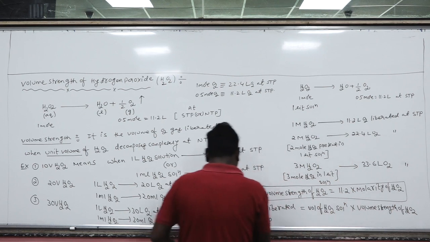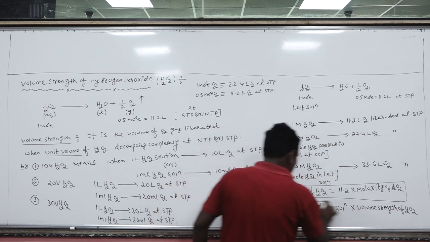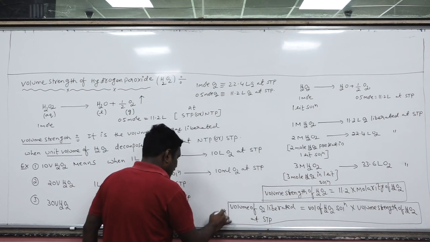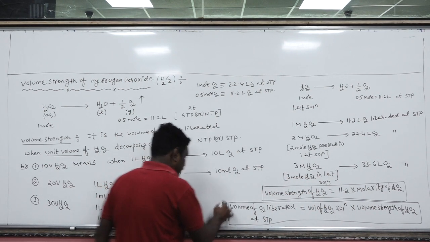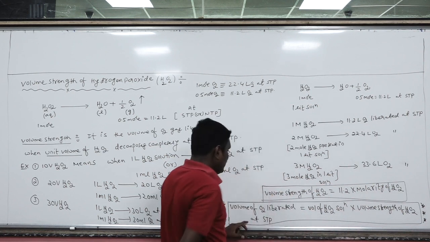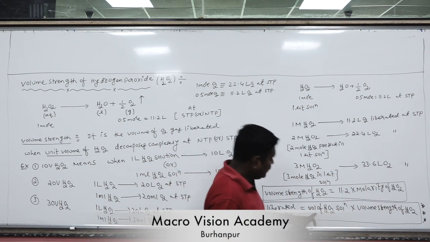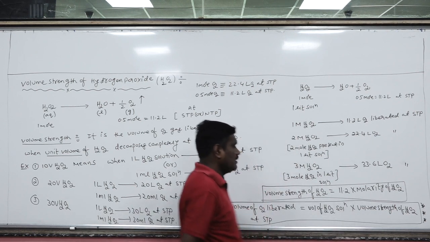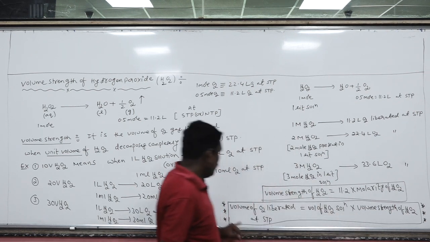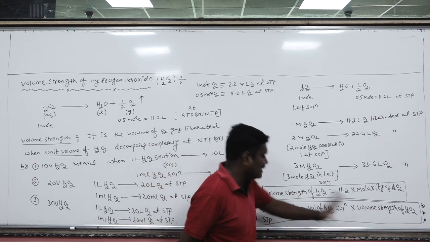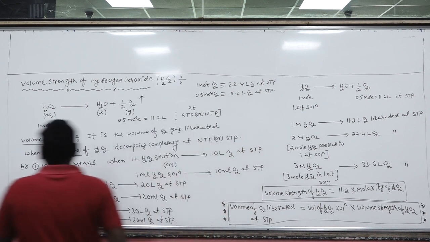This is another very important formula regarding the volume strength, volume of H2O2 and volume of O2 liberated. Now suppose the volume of O2 is given to you and the volume of H2O2 is given to you. Shall we find the volume strength of H2O2? Yes. Suppose the volume of O2 liberated is given to you. Shall we find the volume of hydrogen peroxide solution? Yes.